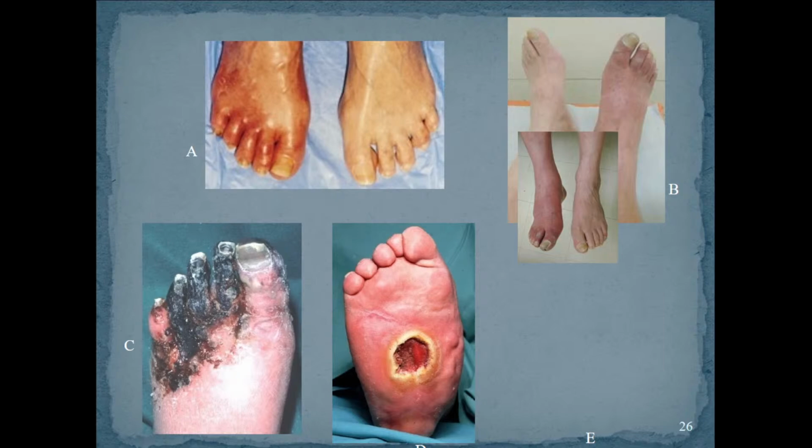Okay, here you can see the tissue loss, small. It is the ischemic ulcer. It is the mixed gangrene. We cannot say these parts are in dry gangrene. And this is a dry gangrene. So probably it is diabetes.